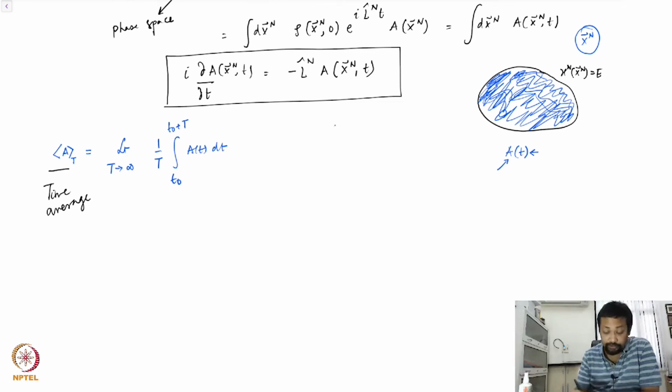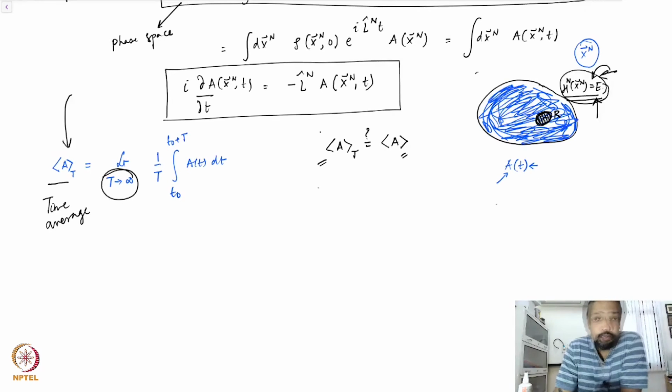Right? Now the question is, is this equal to the phase space average? So now that we have two averages defined, one is the time average, average A of t, and the other one is the phase space average. The question is whether both of these are equal, and when are they equal? The answer to that comes from the Ergodic theorem.